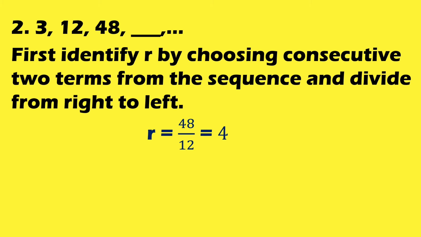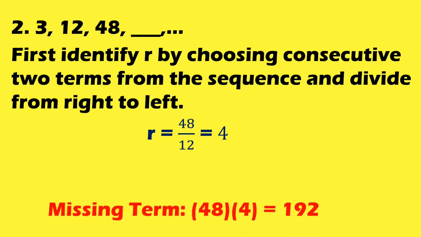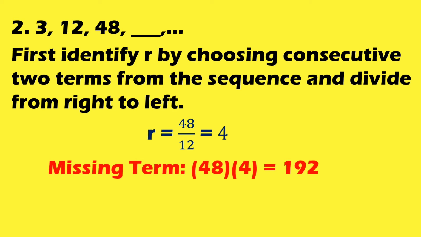You can also choose 12 and 3. 12 divided by 3 is also 4. So the common ratio here is 4. To get the missing term, multiply the term beside the blank by your common ratio. 48 times 4 is equal to 192.